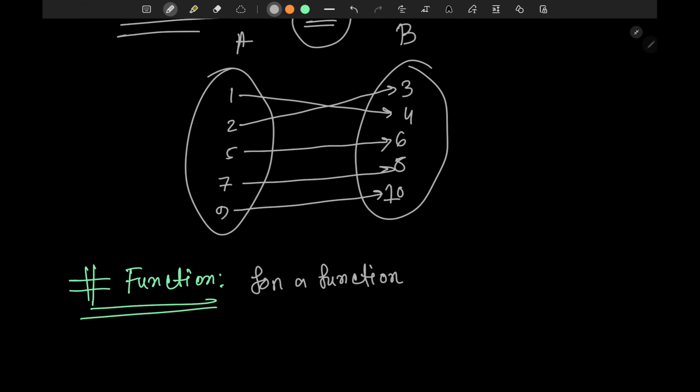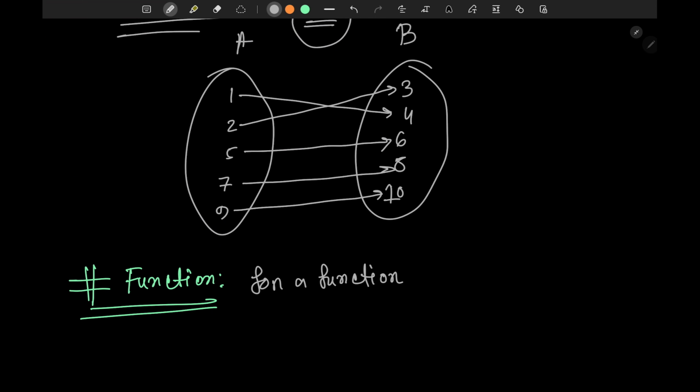So let's say you have some relation from set A to B, and you want to know whether it's a function or not. So first, you have to define a function, right? Because without defining, you can't do anything in mathematics. So we define the function in the following way.